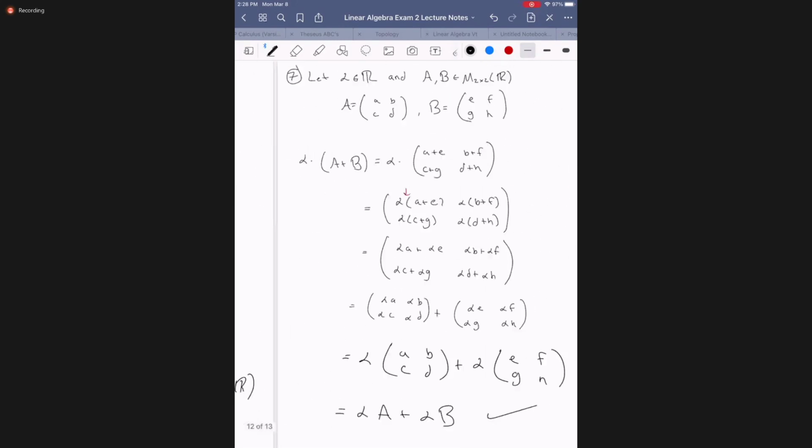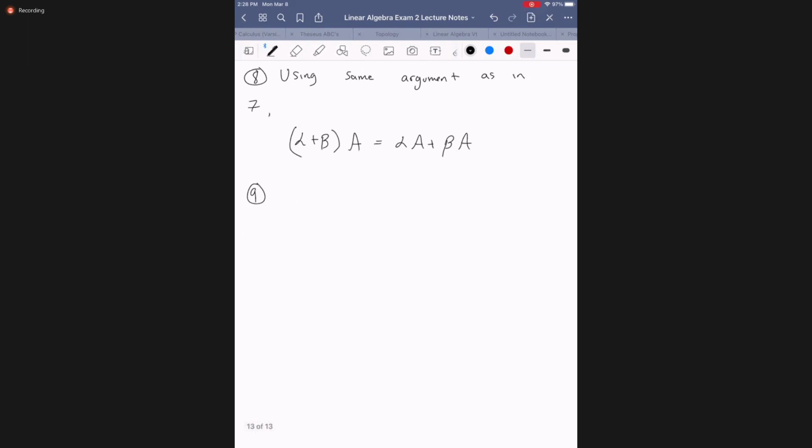9. So number 9 again is the same thing, a similar argument. Alpha times beta times A is equal to alpha beta times A, right? You would just have to do this one first, and then do the alpha, then you'll see that all this works.